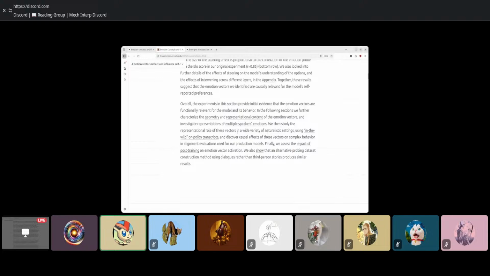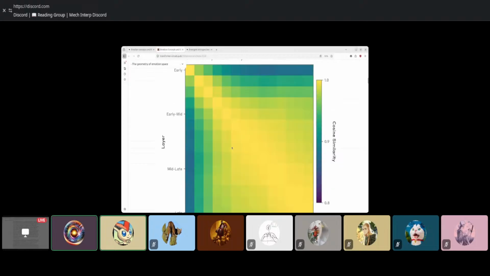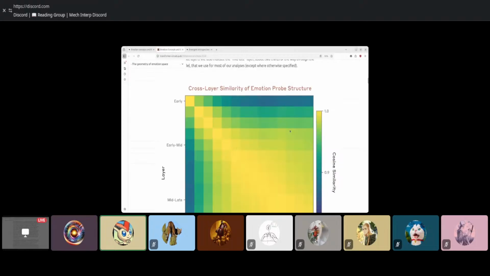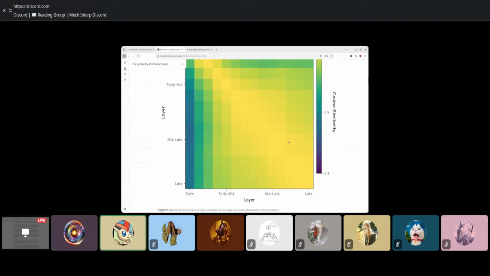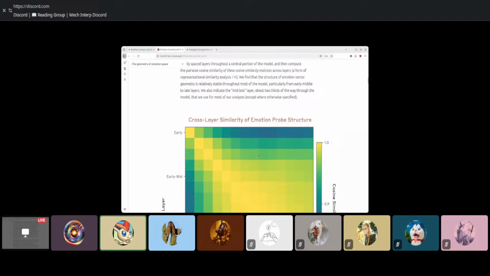And they study role vectors in the wild on policy transcripts, and the impact of post-training on emotion vector activation, which I kind of want to see too. But first, I was scrolling down and saw this graph that I hadn't seen yet. I think this is about the pairwise cosine similarity, if the vectors are similar between different layers.